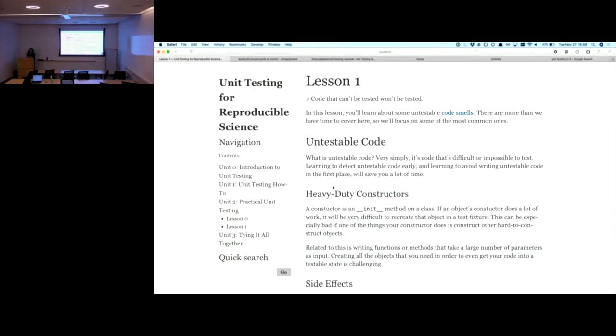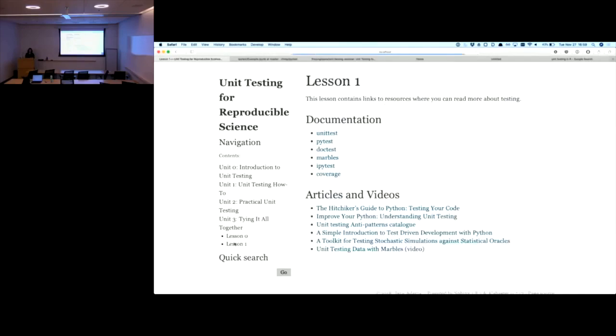And there are some links in there to some specific things that we talked about if you want to read more. And then the very last page just has some links to documentation for some of the tools and libraries that we talked about today, and also some links to further reading on some of the topics that we discussed. And also this last link is a link to my talk on unit testing for data, which I know is relevant to at least one person in the room.